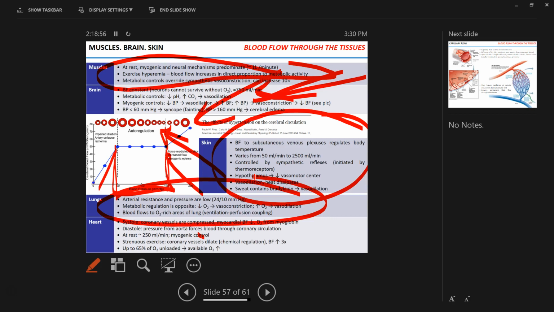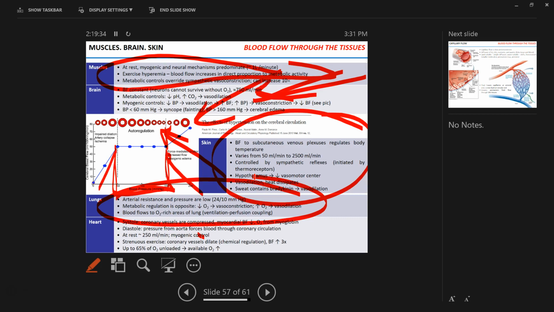So unlike in tissues, in pulmonary circulation, areas of the lungs that are oxygen saturated are perfused better. Do I make sense? So it's opposite, only for the pulmonary circulation. It's called ventilation perfusion coupling. The areas of the lungs that are ventilated the best have the most blood flow, because blood picks up oxygen. That makes sense?